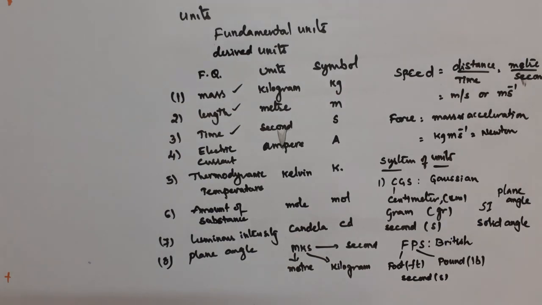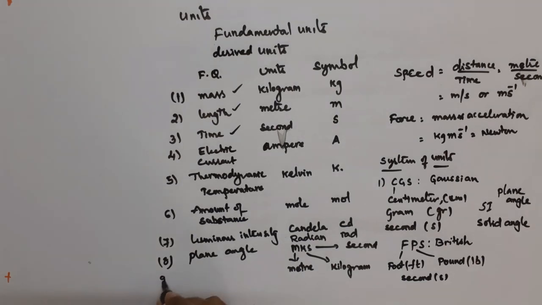When the length of the arc is equal to the radius of the circle, the angle is called the plane angle, and the unit is the radian. The symbol is rad.